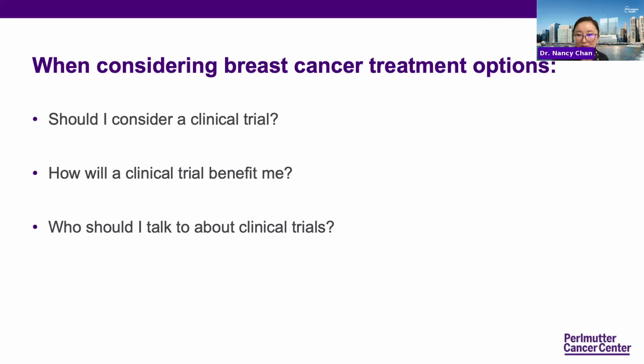So sometimes standard of care is the best treatment option for you, but sometimes a clinical trial may be, and you would not know without asking the question. So really, I think it's important to always keep this in the back of your mind and ask your clinician when you're thinking about a new treatment option.